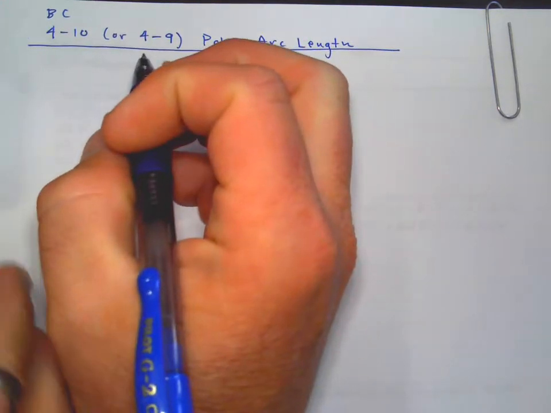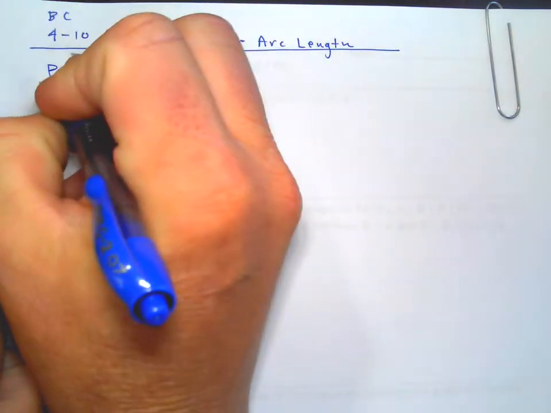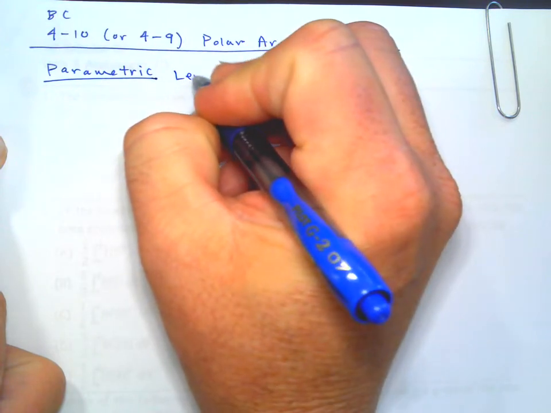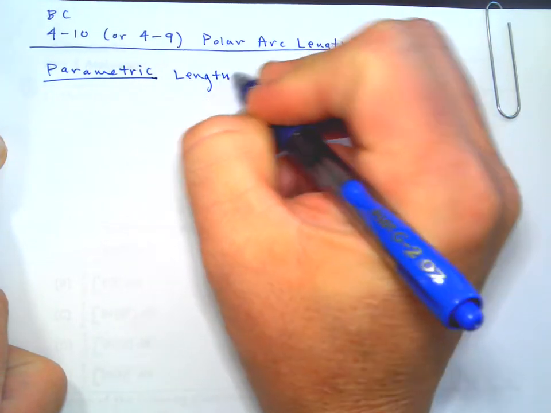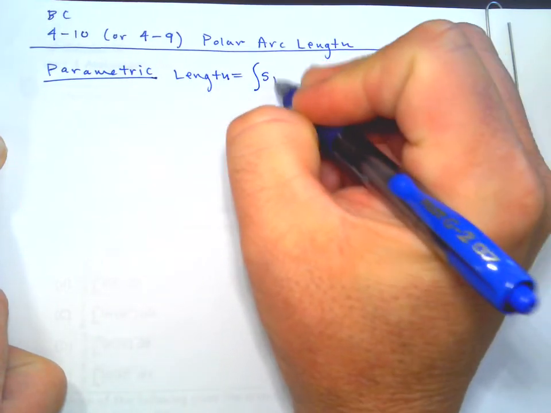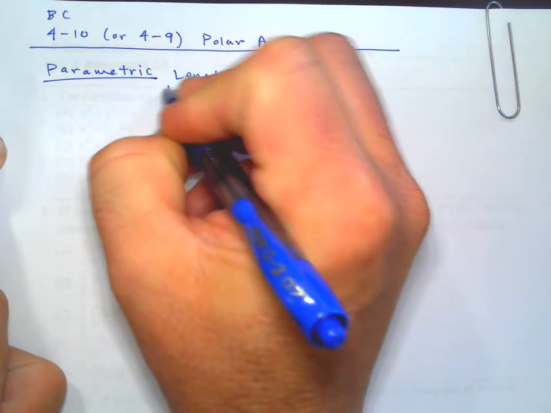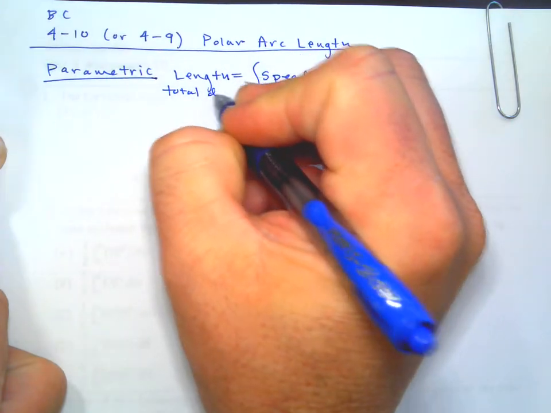So I don't know if you guys remember with parametrics what the length of a parametric curve was, but it was based off integrating speed because that gives you distance, right? So we're looking for total distance.